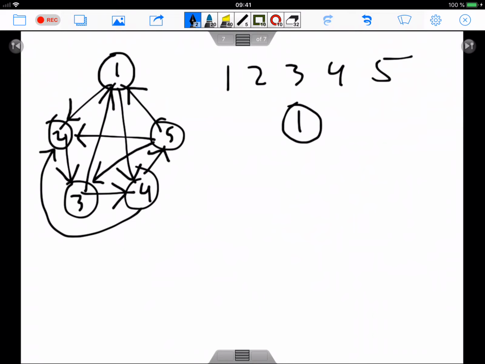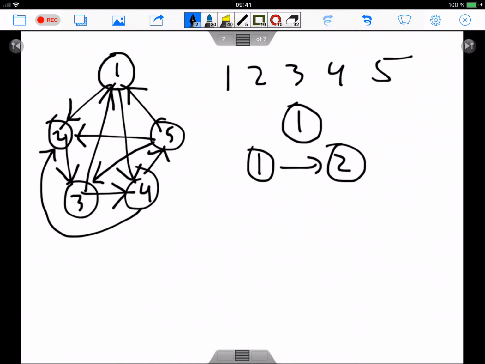Now we try to insert 2, and we check whether we can go from 2 to 1. If we can go from 2 to 1, then we insert the vertex at the beginning. In this case, we cannot go from 2 to 1, but we can go from 1 to 2, and then we insert 2 after 1.